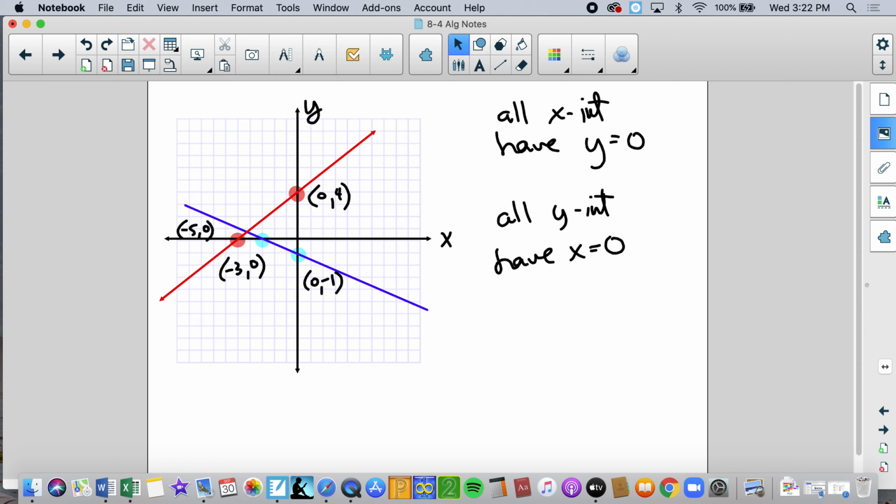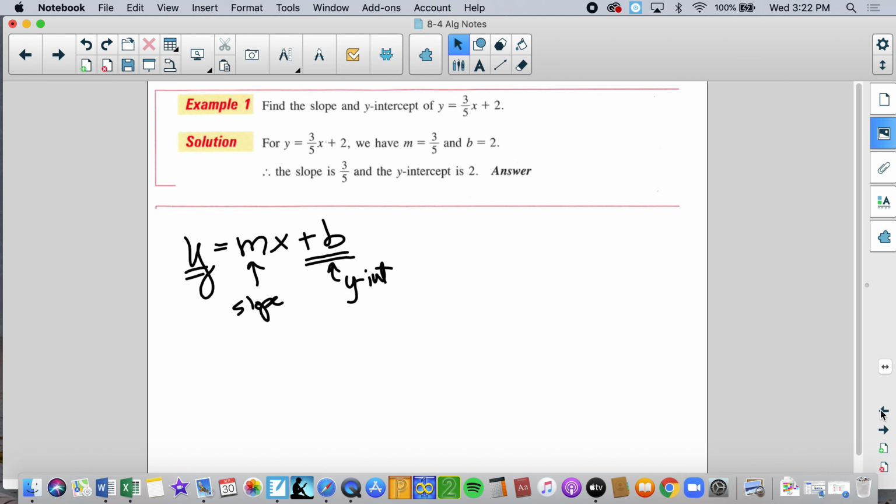And remember, if we look at a point like this, x is 7, 6, 5, 4, 3, 2, 1, 0. When x is 0, it's on that y-axis, so that's why we know that all y-intercepts will have an x value of 0. All x-intercepts will have a y value of 0.